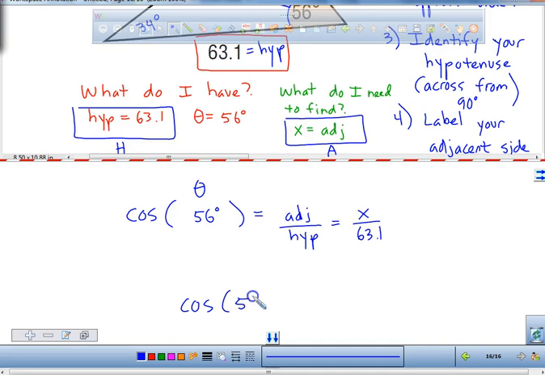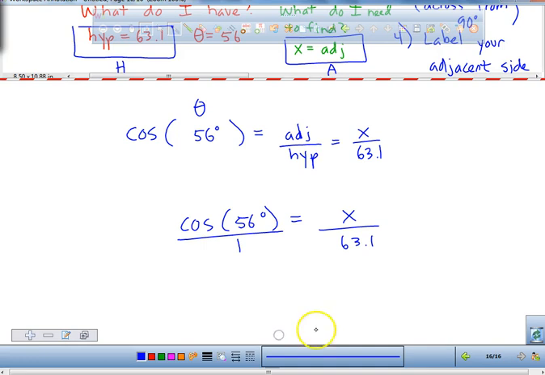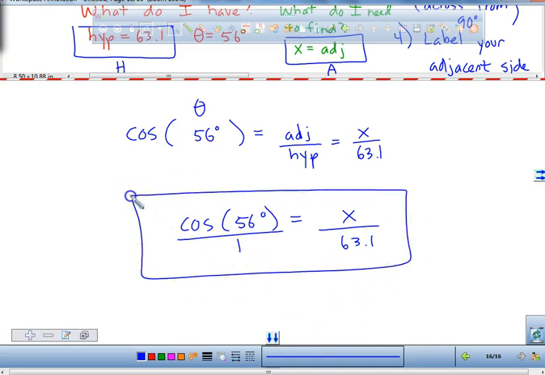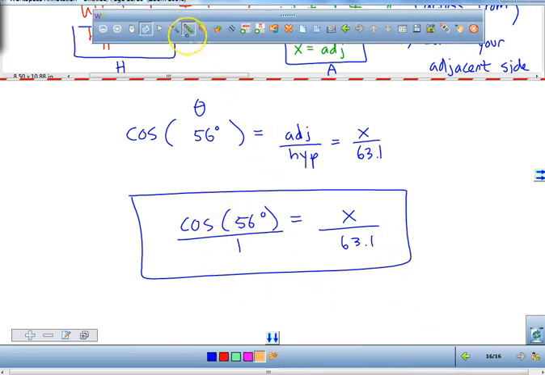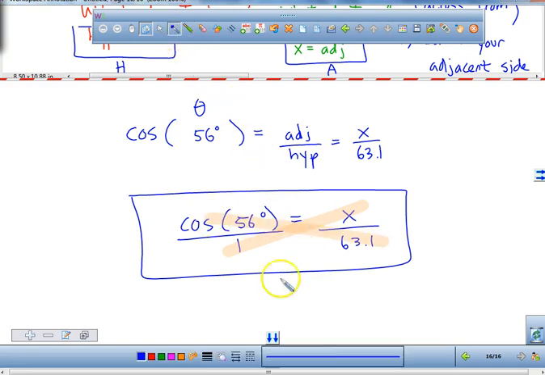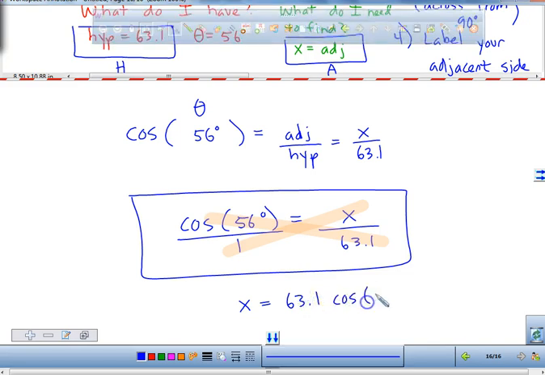The cosine of 56 degrees equals x over 63.1. Put that over a 1. This right here is your ratio, your proportion that you can set up. Once you set up this ratio, all you have to do is cross multiply to solve for x. You get x equals 63.1 times the cosine of 56 degrees.